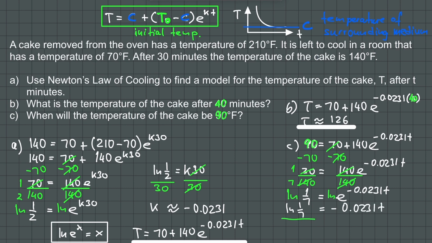And after dividing both sides by the negative of 0.0231, and typing this into the calculator, we get approximately 84. So the temperature of the cake will be 90 degrees Fahrenheit after approximately 84 minutes.